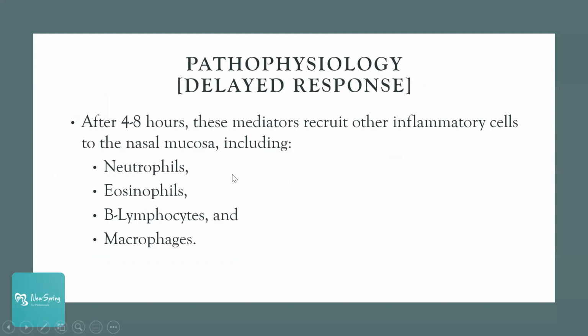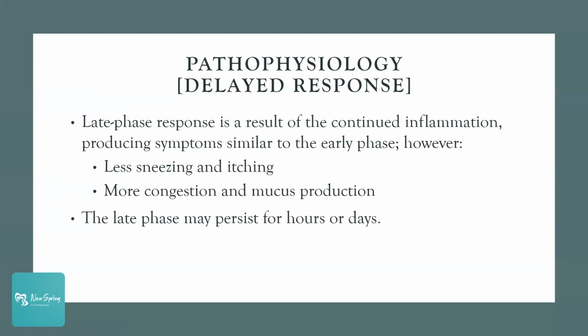This takes us to the delayed response, which occurs 4 to 8 hours after the initial phase. These mediators recruit other inflammatory cells to the nasal mucosa, including neutrophils, eosinophils, B lymphocytes, and macrophages. The late phase response is a result of continued inflammation and produces symptoms similar to the early phase.